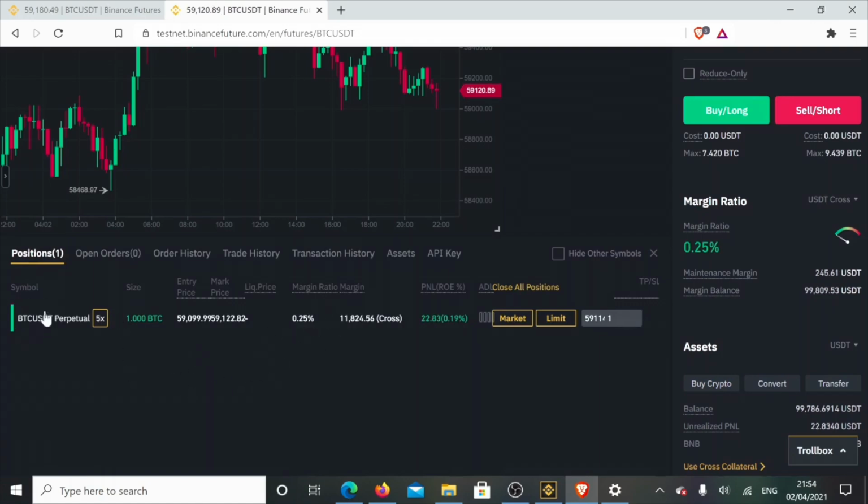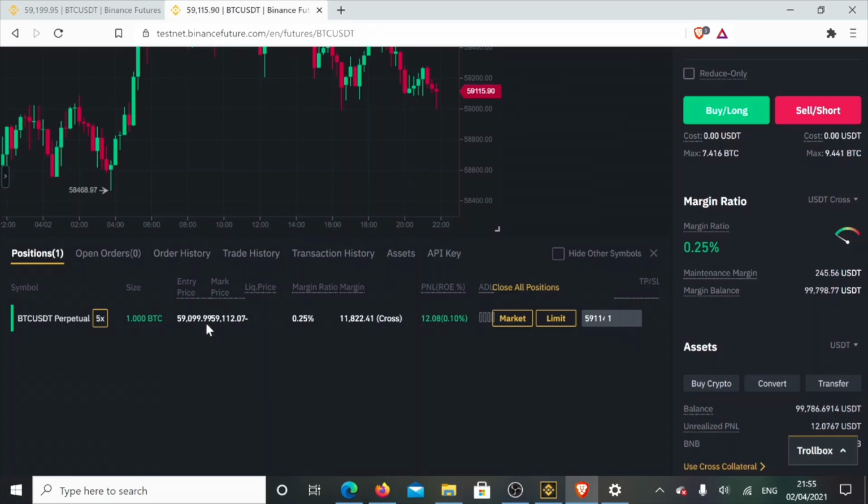Okay, here you can see the asset itself, the leverage, the size, which is 1 BTC. This is the price we bought it. Here is where you can see the price you entered the market. If you're using the market order, you can see entry price is 59,099.99.